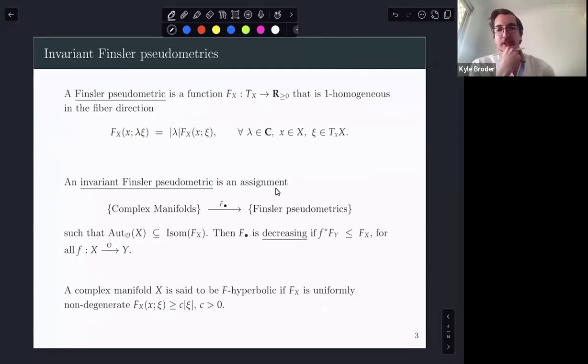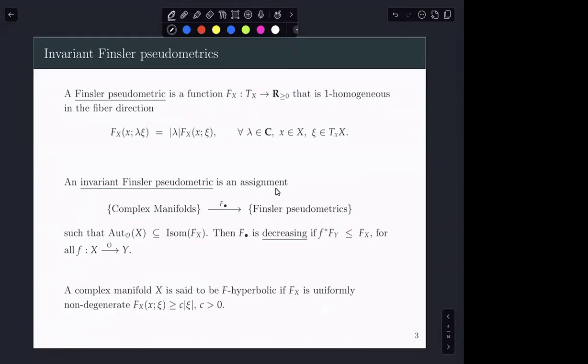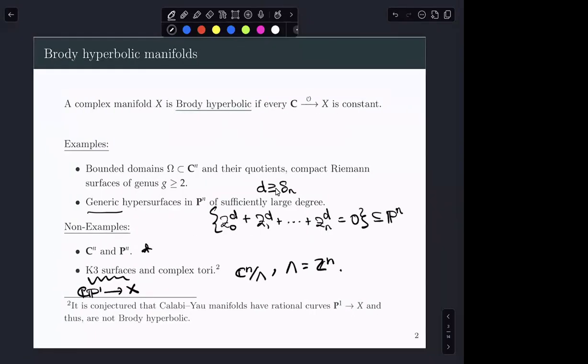So the criterion in terms of this metric, what this Poincaré metric is, is really the subject of the present talk. Sorry, can I jump in for one second? Absolutely. You said that they are supposed to have rational curves. How does that relate to having entire curves?